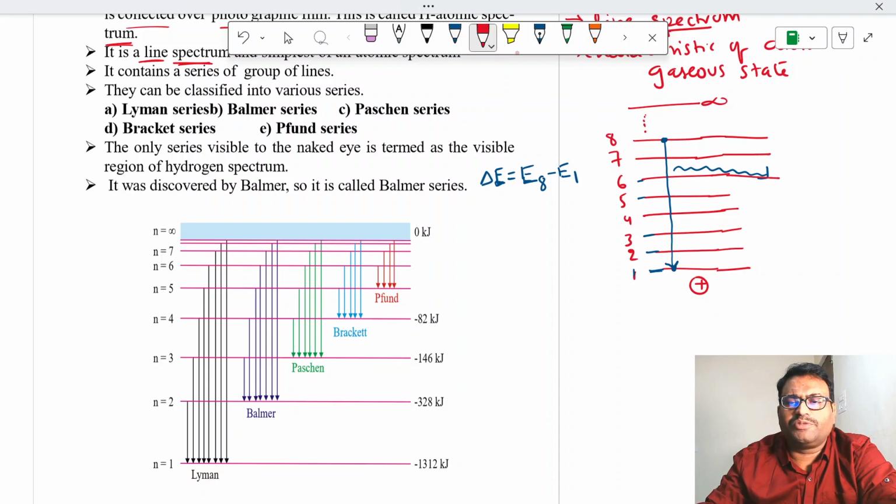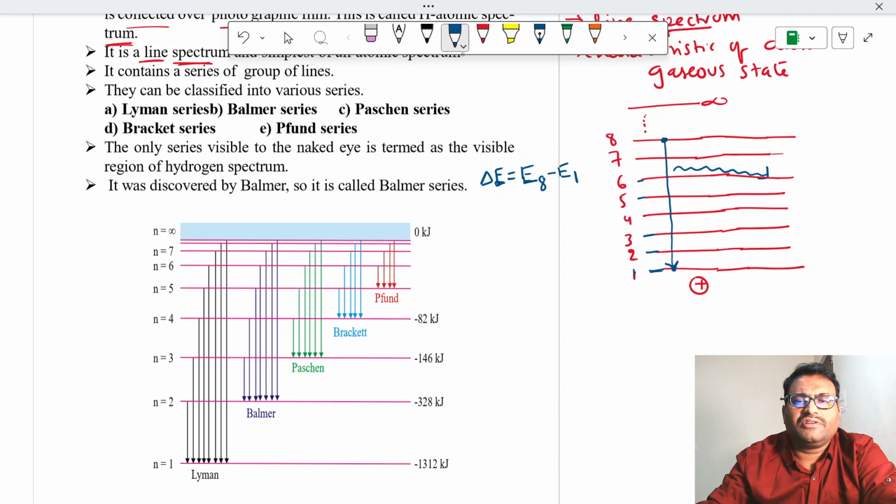Let us see all those possibilities. For example, the electron is in the 8th level. It can move to 7 first. When it returns to 7, it releases one spectral line.